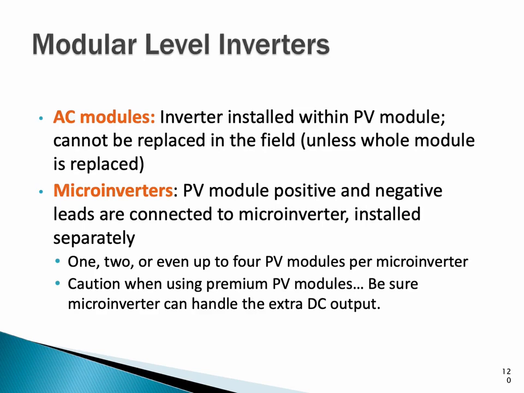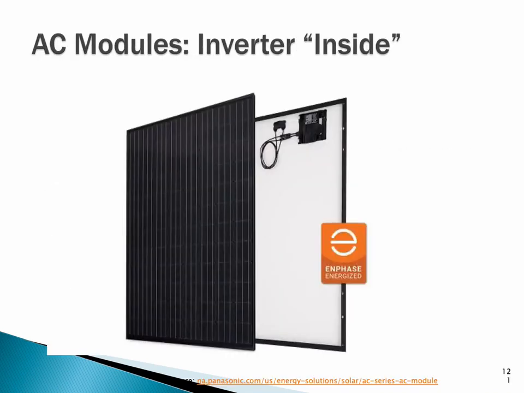So these microinverters putting out 240 volts AC right at the module, that was more intuitive. They understood AC electricity. You just hook up a two-wire branch circuit with a ground, and you're good to go. So in the early days, that was a way for electricians to get into the field without knowing a whole lot about it.